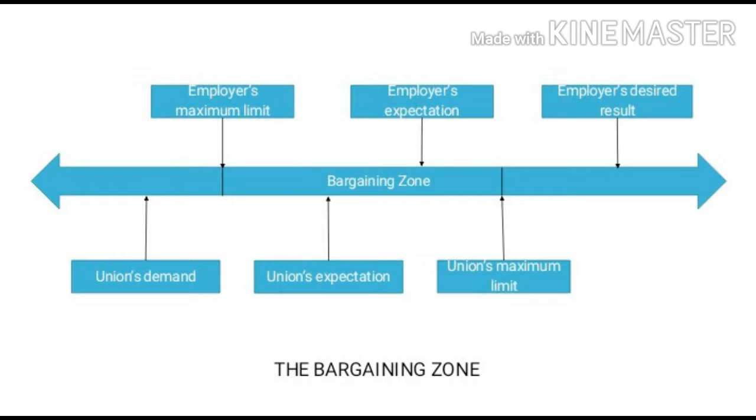An example in the book is that the organization might have a zero increase in wages and benefits as a desired result.